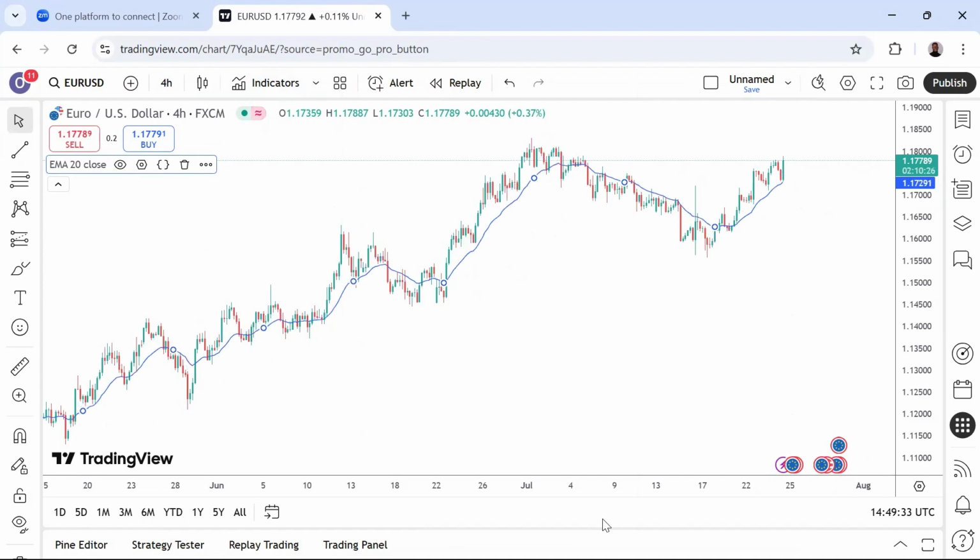Now, how you use moving averages is very simple. First of all, like I said, you don't want to use indicators alone. So you must have checked the structure of the market, the current trend in the market. The next thing is to take note that when the charts are on top of the moving average, it gives you a confirmation to buy.